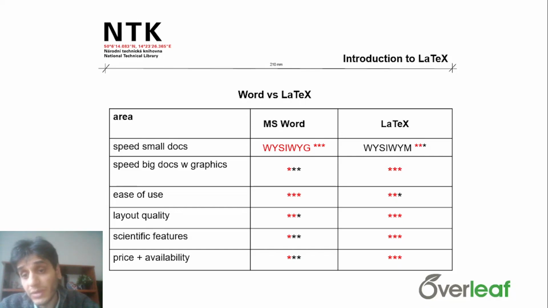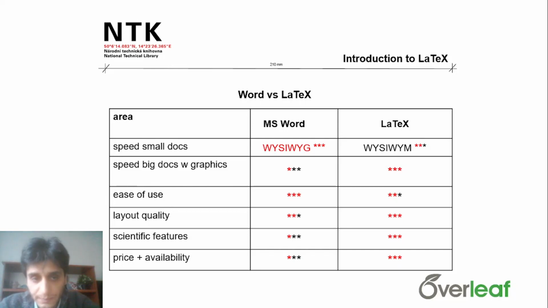Here LaTeX will be faster because you write down only the contents and the software will take care of the layout. So you don't waste your time formatting the layout of the document, and it will save a lot of time for you. So LaTeX will be the best when we are talking about big documents with graphics.